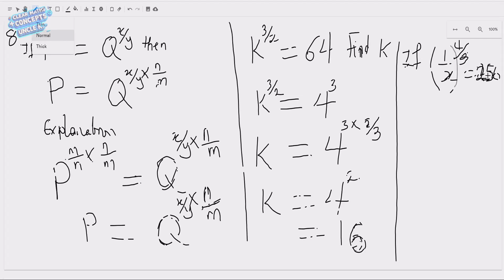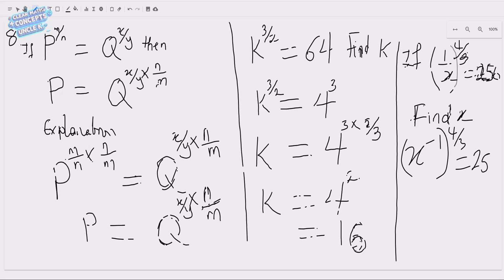Now 1 over x can be written as x to the power minus 1. So we can write x to the power minus 1, then 4 over 3, equals 256.